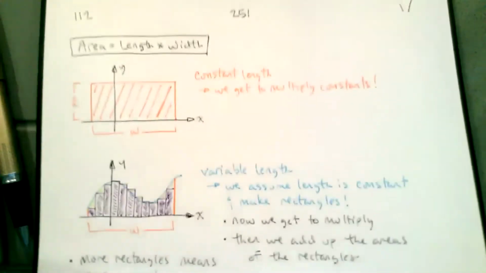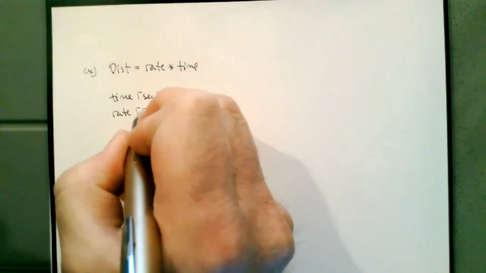So let's take a look at this data again. Same example. Distance is equal to rate times time. And we have time in seconds and rate in feet per second.